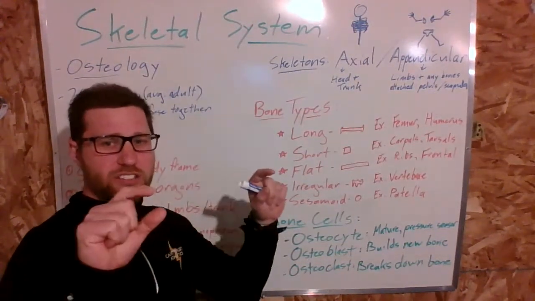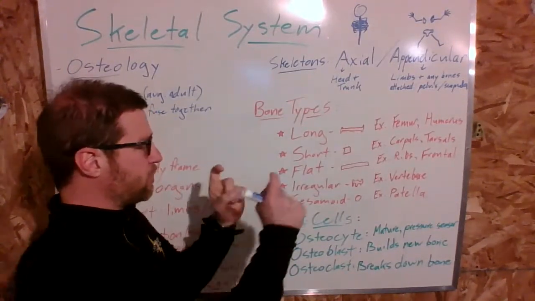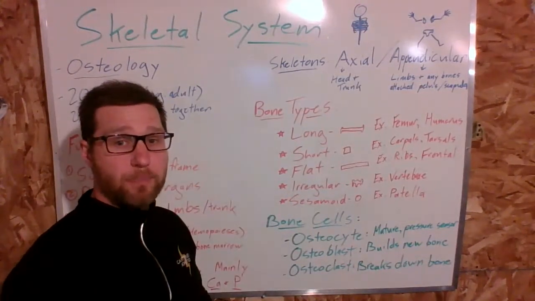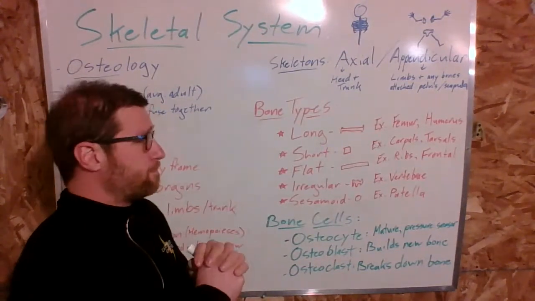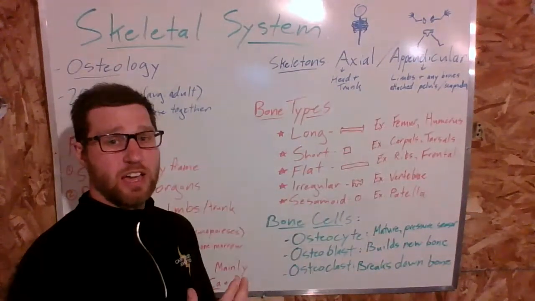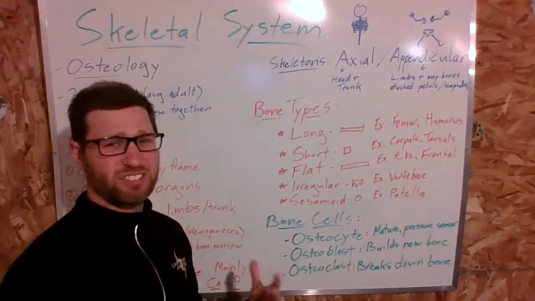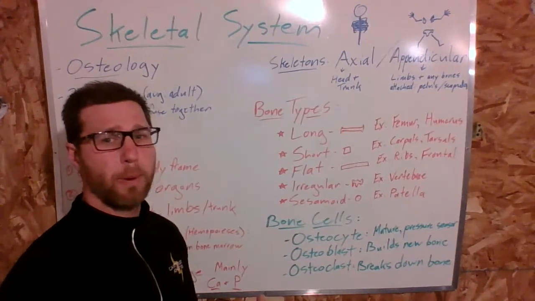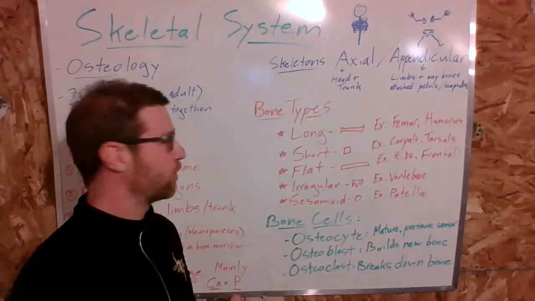They have this long structure to them, and usually different structures at the distal and proximal ends of the bone. Examples are the femur and the humerus. You could talk about your metatarsals, your metacarpals. Those are easy, classic examples of long bones. You've got many more, but those are some easy examples. So longer than they are wide, that's your long bone.